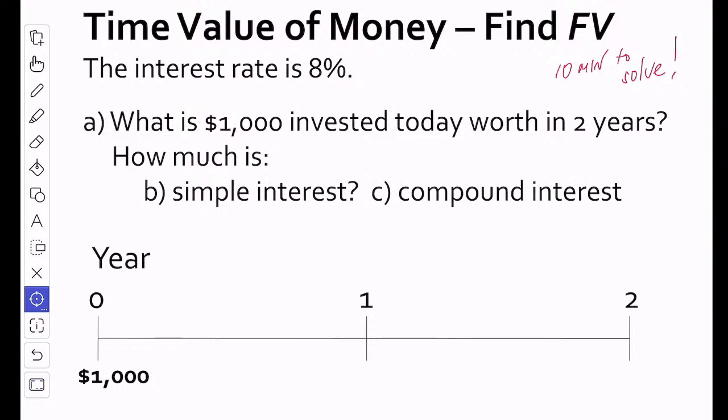So what is the interest rate? Let's start there. So I give you this interest rate. Now in reality, there are a lot of interest rates available, but for this problem, I've identified this as the interest rate available to this person's investment. Okay, so they're going to invest with an interest rate of 8%. Can someone tell me where the interest rate comes from?